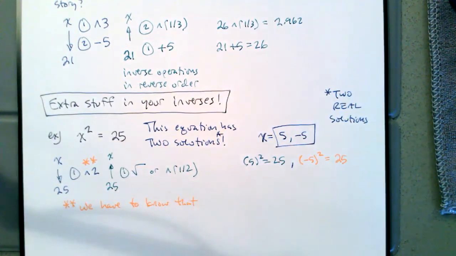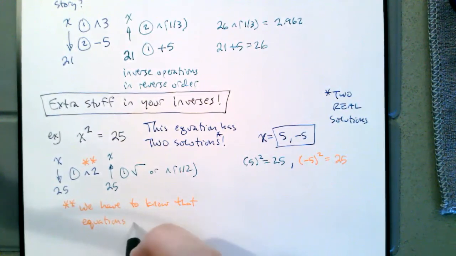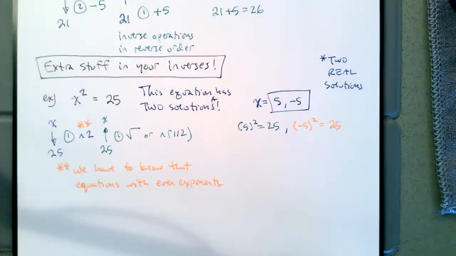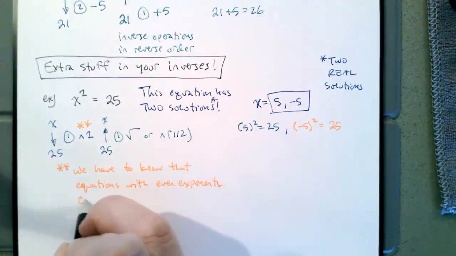We have to know that an equation with an even exponent could have 2 or 0 solutions. Not one, but 2 or 0 solutions.